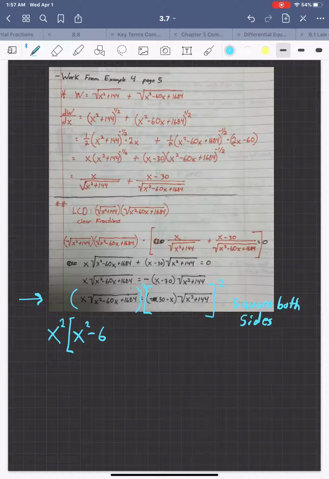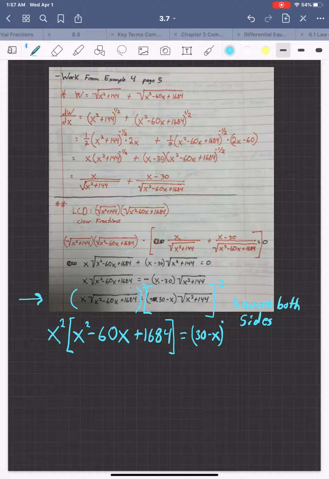minus 60x plus 1684. And then this is going to be equal to 30 minus x squared.